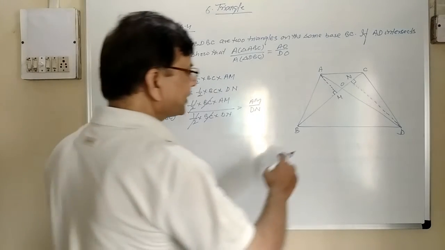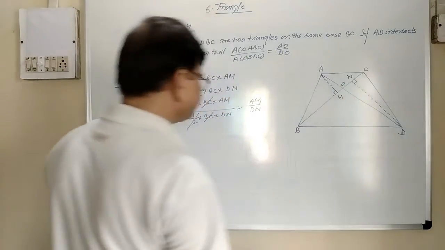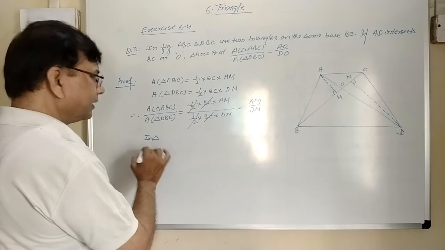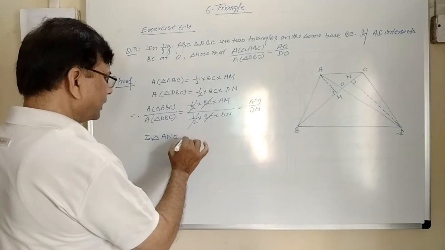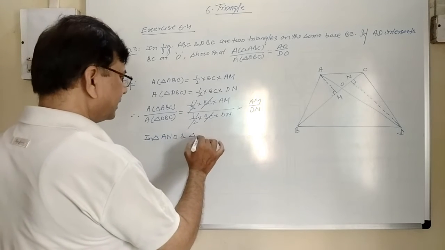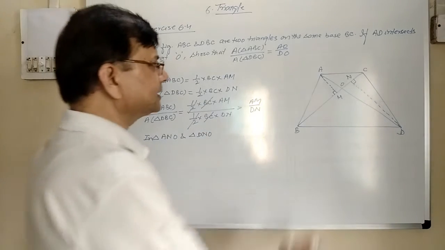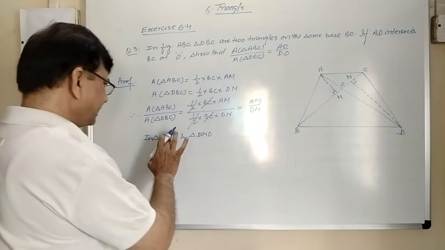So we will consider the triangles AMO and DNO. In triangle AMO and triangle DNO, we will consider these two triangles.